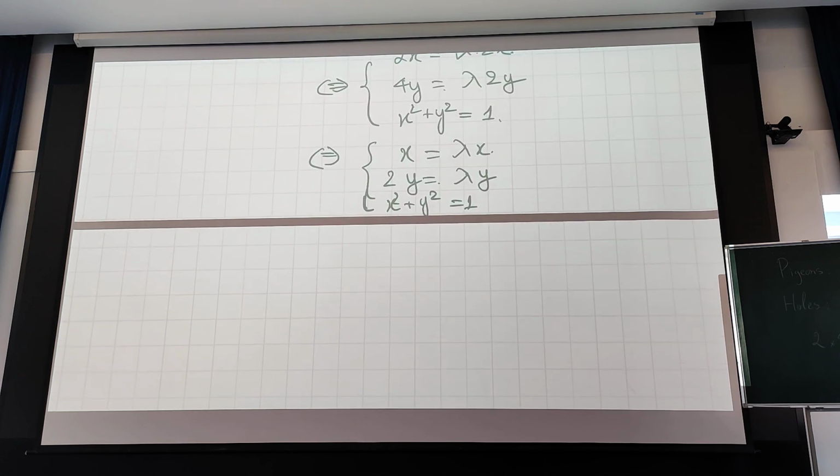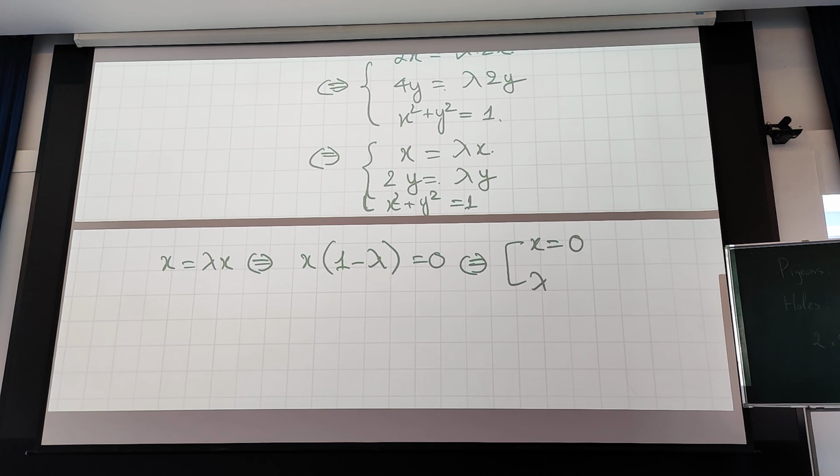From the first equation, you know that it is equivalent to x multiplied by (1 minus lambda) equal to 0. So from this equation, you know that x equal to 0 or lambda equal to 1. We have two cases, right?